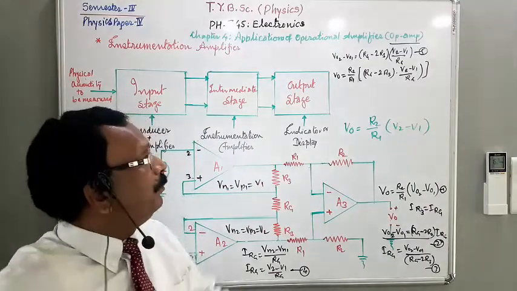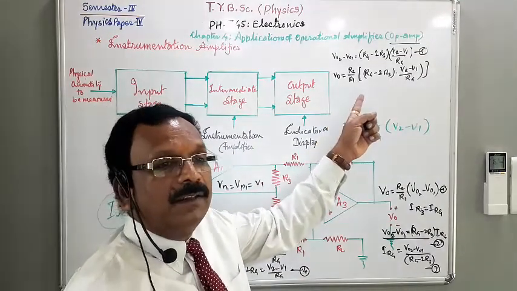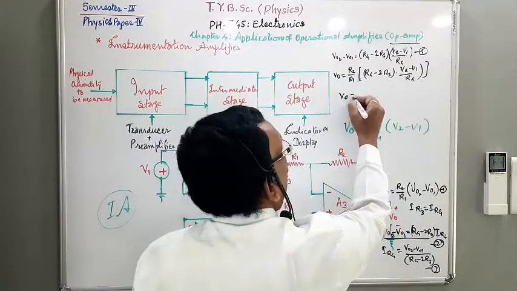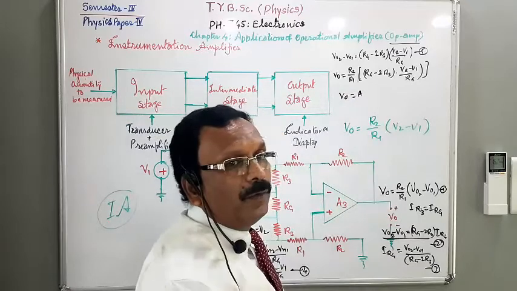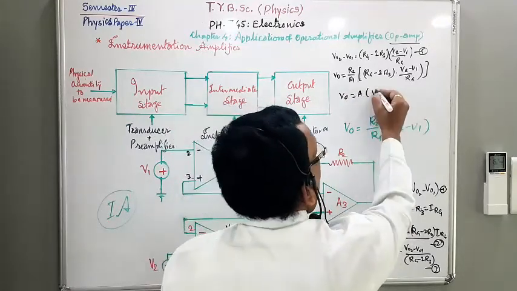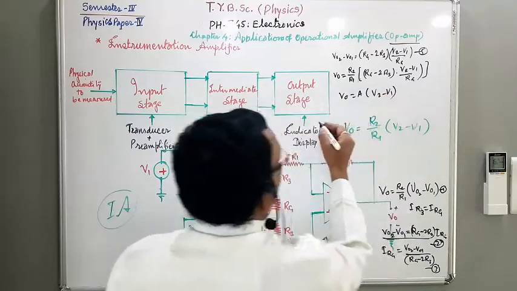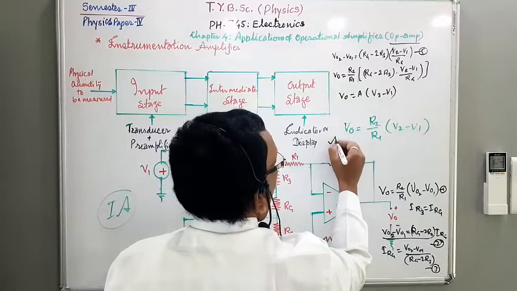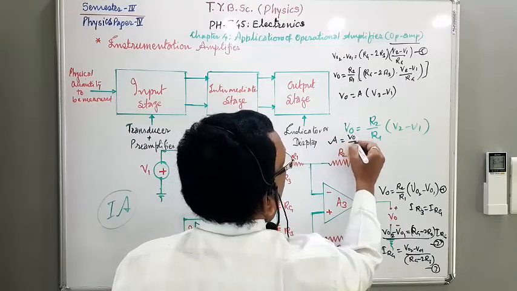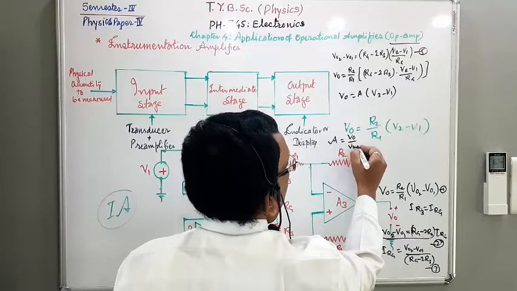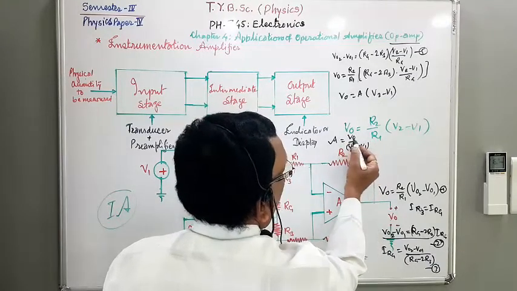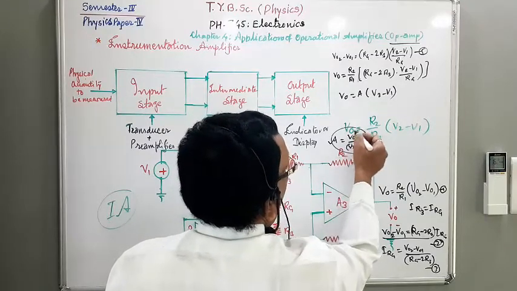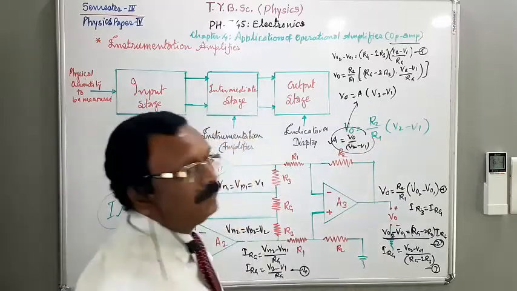But we can say that gain, because we know that voltage gain A is equal to output voltage upon input voltage, that means the voltage difference. Therefore, VO is equal to A into this. That means we can derive this equation from this equation.